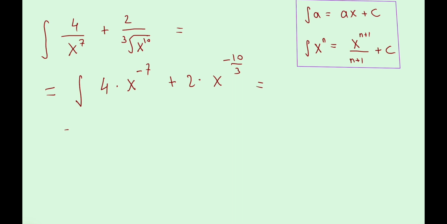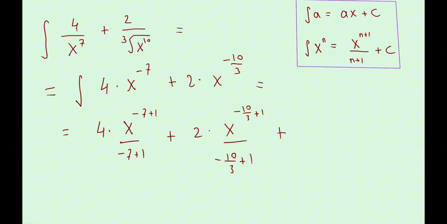This would equal 4 times the integral of x to the negative 7, which is going to be x to the negative 7 plus 1 over negative 7 plus 1, plus 2 times x raised to the negative 10 over 3 plus 1 over negative 10 over 3 plus 1, plus c, since it's an indefinite integral. The rest needs to be simplified.